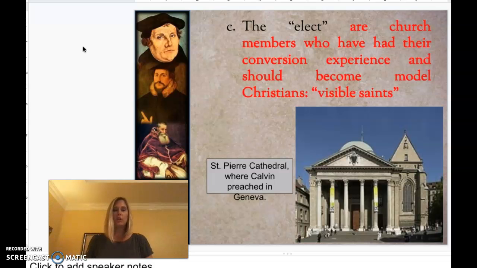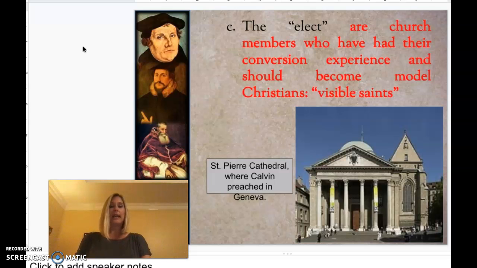So with this conversion experience that Calvin's talking about, he's saying that there are Christians who have converted from being Catholic to Protestant. It has completely changed their entire life to the point where they want to share their testimony, their experience with others. And so therefore, those people make up the elect.